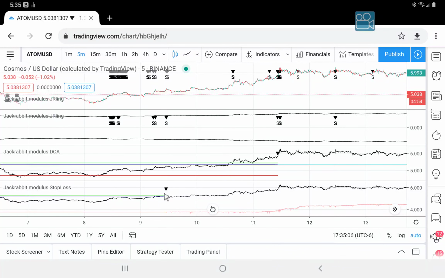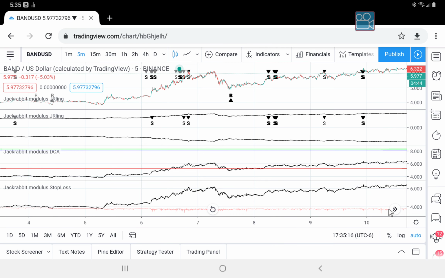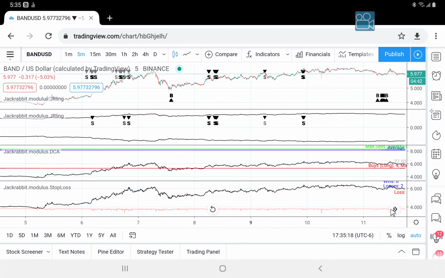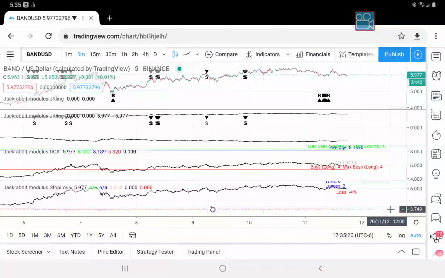Okay, so let's go to another coin. Okay, this one took 2 losses. This was what we want. No wins, 2 losses. So let's see. Okay, here you see.